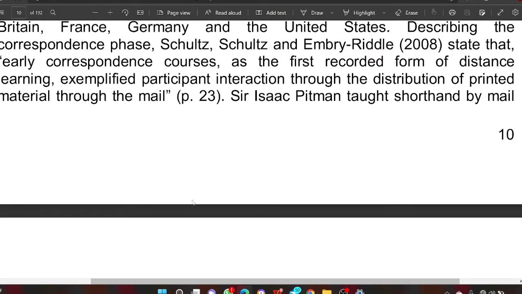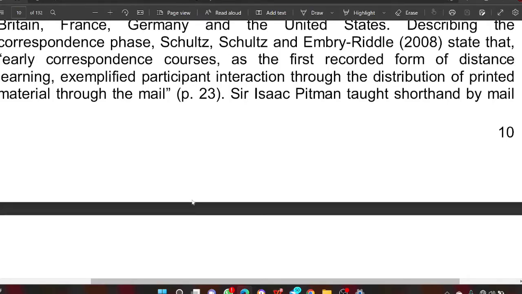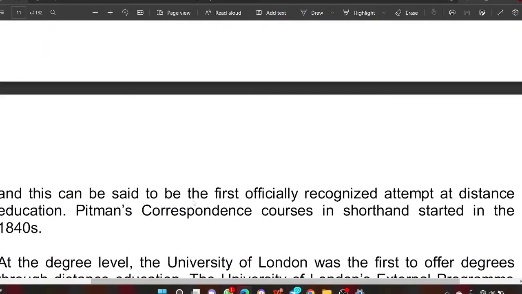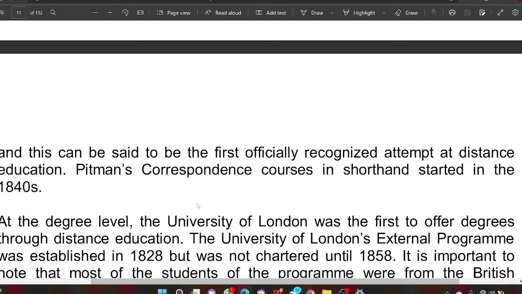Pitman's correspondence courses in shorthand started in the 1840s.